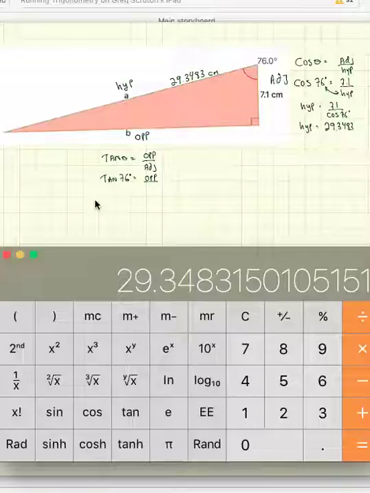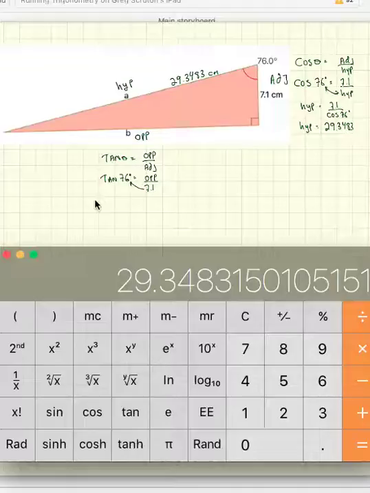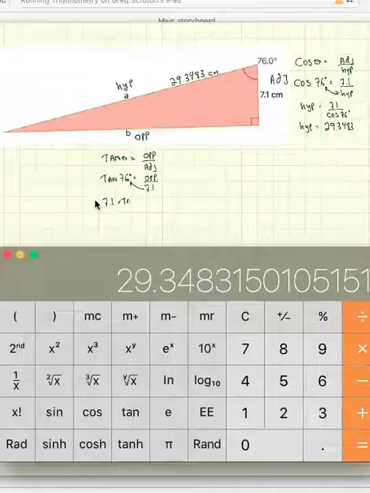Doesn't matter which you put. Opposite over the adjacent, which is 7.1. Okay, to get my opposite alone, I'm going to cross multiply the 7.1. It's going to multiply the tan of 76. So 7.1 times the tangent of 76 degrees is equal to our opposite side.